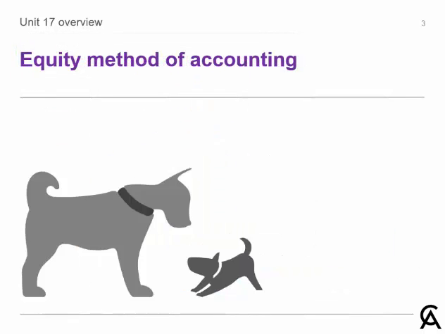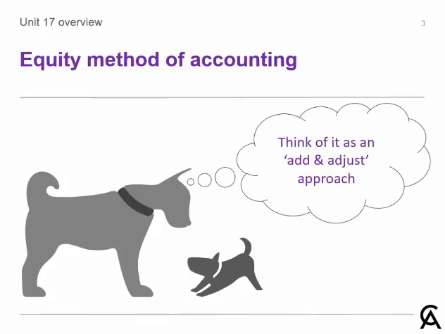We apply the equity method under IAS 28 when the investee is an associate, so where we've got significant influence, or where the investee is a joint venture, so we get here because of IFRS 11, where we've got joint control.